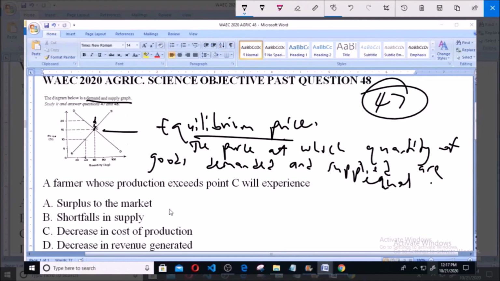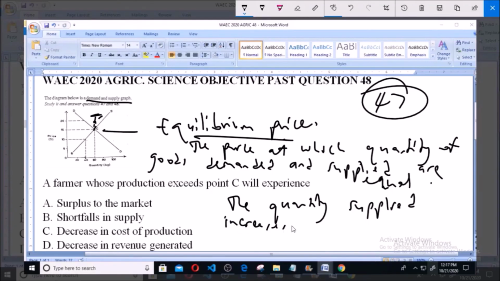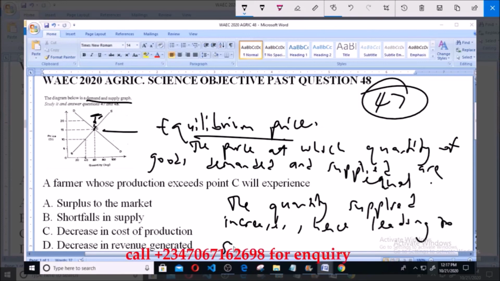Now what happens is that above point C, any region above point C is a region in which quantity supplied increases, hence leading to surplus in the market. This is based on the fact that when quantity supplied is increased, you have more goods being supplied in the market than is being demanded for.